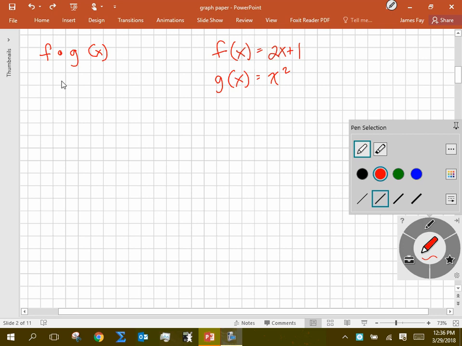Well, if I write this as 2x plus 1 composed with x squared, it's hard to realize what I'm trying to do here. But if I write it this way, f of g of x, it just basically means that I'm going to take that g of x, which is x squared.